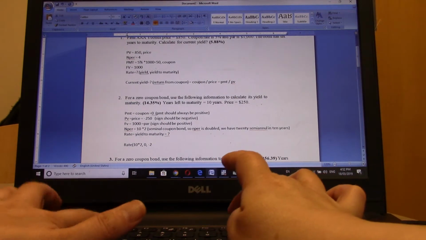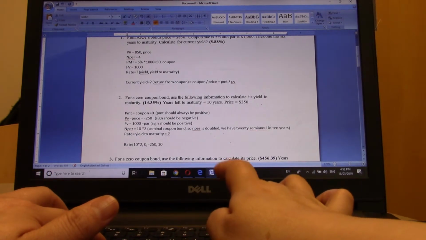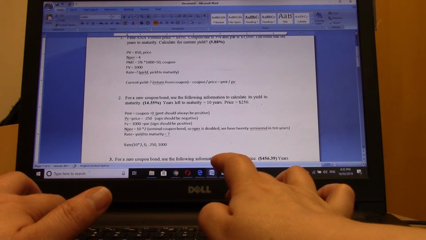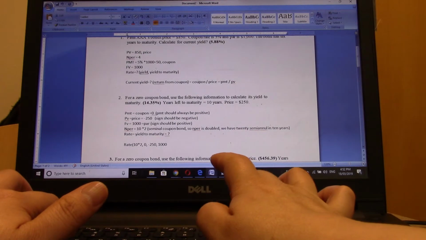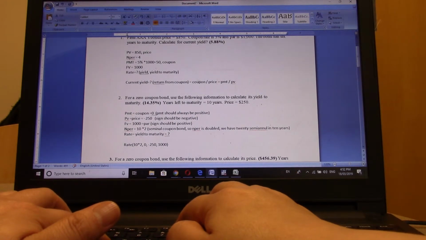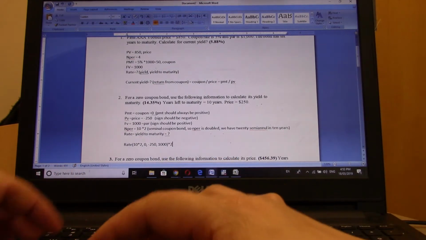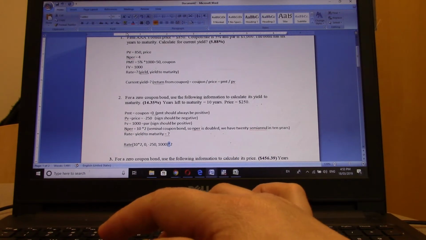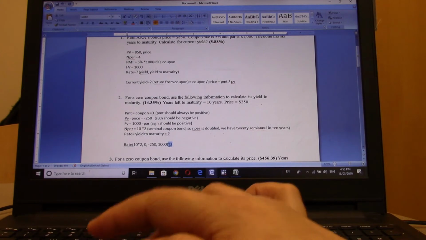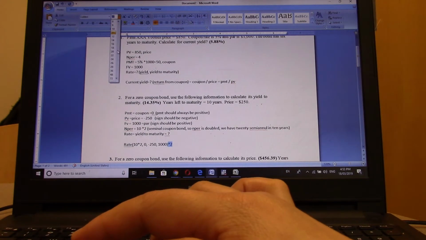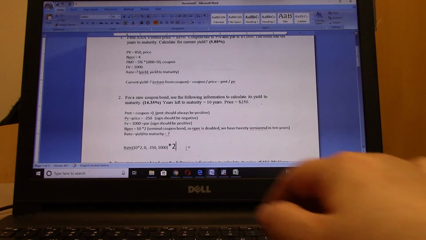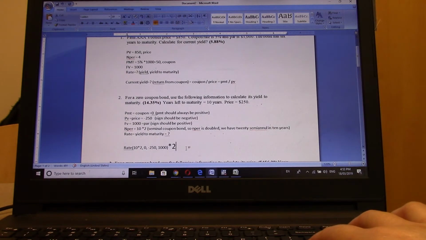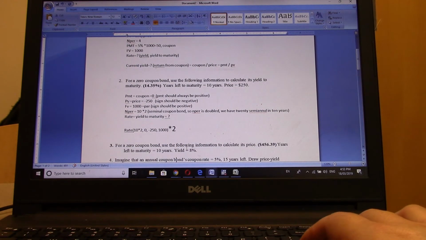PV is negative 250. 1,000 is future value. You can ignore type because it's assumed coupon is paid at the end of each semi-annual period. And remember to multiply by 2. Don't forget that. What you get from the rate function is the return to the bondholders per semi-annual period, so you should multiply by 2. So you should get 14.35%.